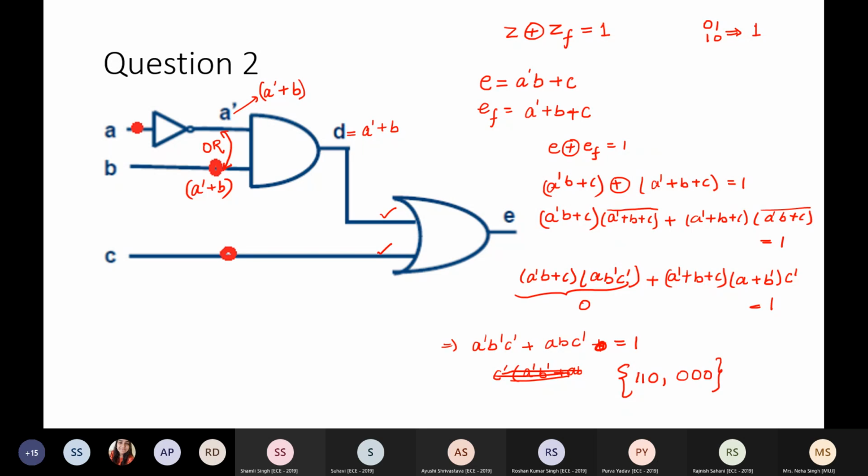These two test patterns will be able to detect the bridging fault at A' and B. Check if the solution is correct. So only these two test patterns, 110 and 000, are able to test this bridging fault. Is it okay?